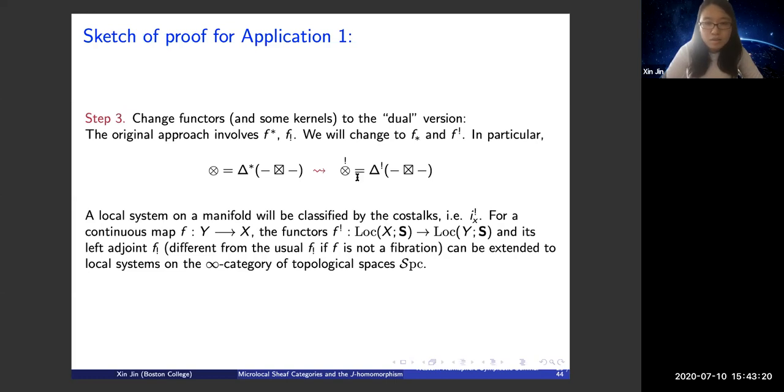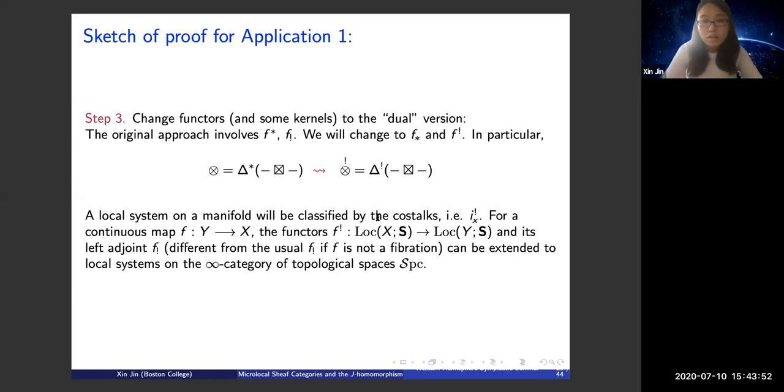I take it this way because I want to extend my adjoint functors between local systems. So I have upper shriek, and then its left adjoint, which is the same as the usual F lower shriek if F is a locally trivial fibration. I want to extend this pair of adjoint functors to the infinity category of topological spaces.